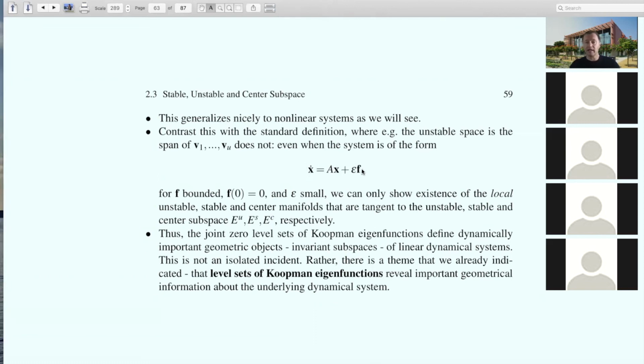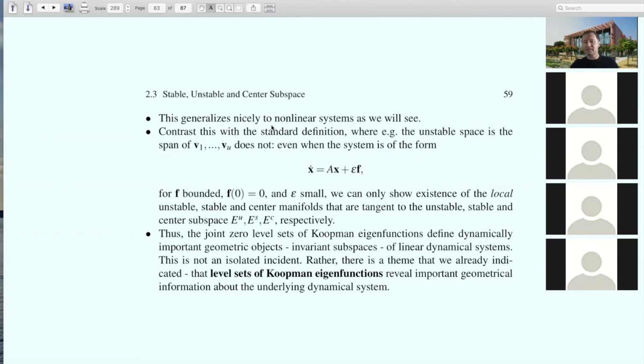You can characterize it still as zero level sets of certain eigenfunctions of the Koopman operator. In the standard treatment, of course, the only thing that one claims is local unstable, stable, and center manifolds that are tangent to the span of eigenvectors.